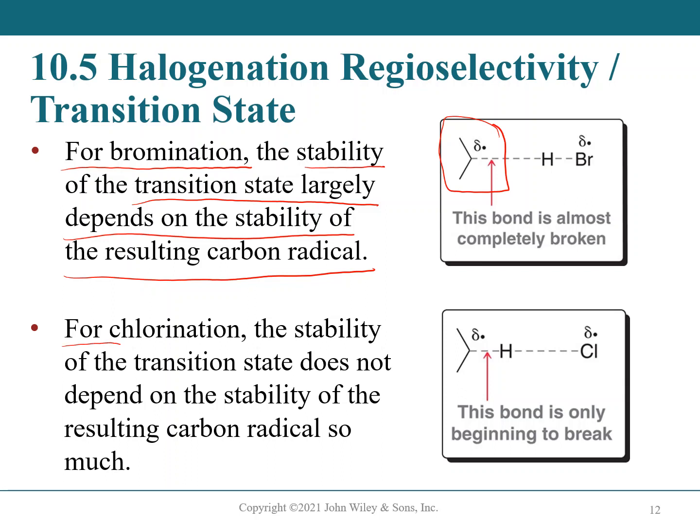Whereas for the chlorination, the stability of the transition state does not depend on the resulting carbon radical, because this radical is barely being formed, so there's not as large of an effect. On the next slide, we'll understand this by looking at the overall reaction energy diagrams for each of these steps.